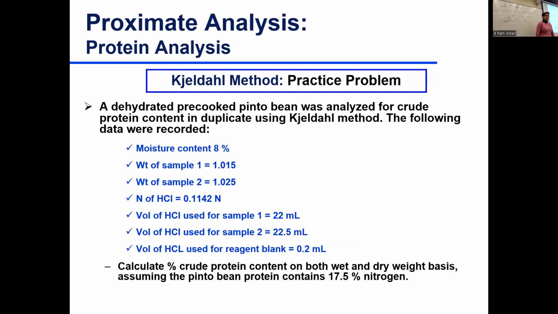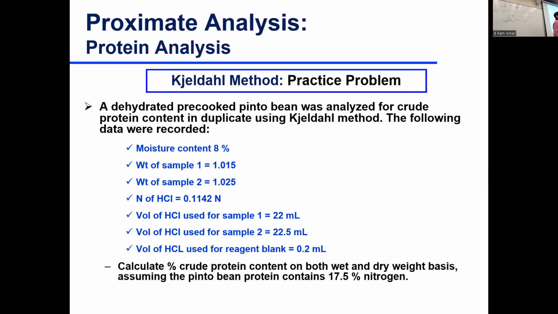One thing I would tell you when you're doing samples in replication: you calculate each rep separately, then you take the average. Another thing in this question, please note that the sample has been dehydrated.